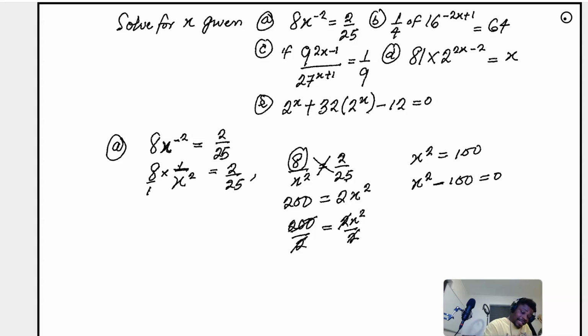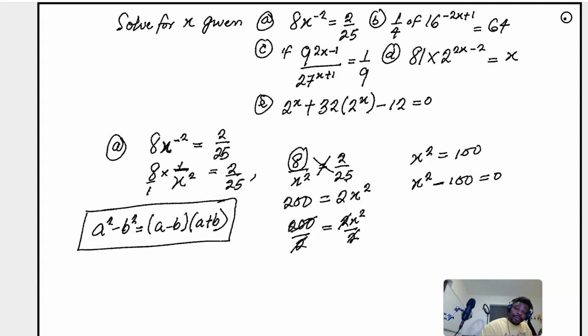So, difference of two squares, I can just put it here: a squared minus b squared is equal to a minus b times a plus b. So x squared is the same as a squared, and 100 is 10 squared, which is b squared.